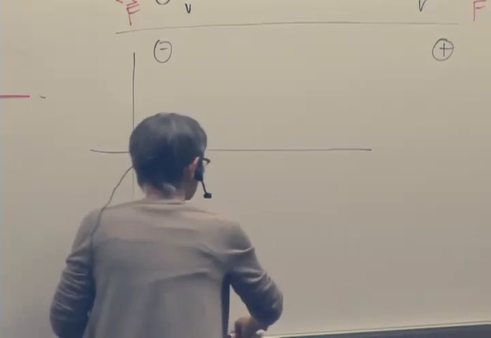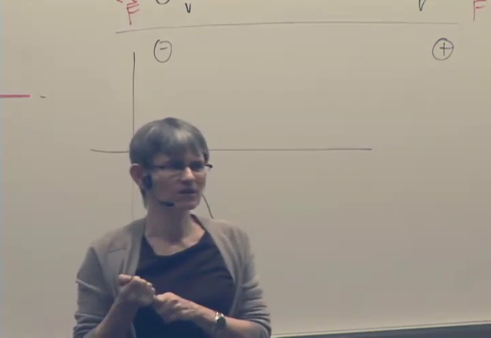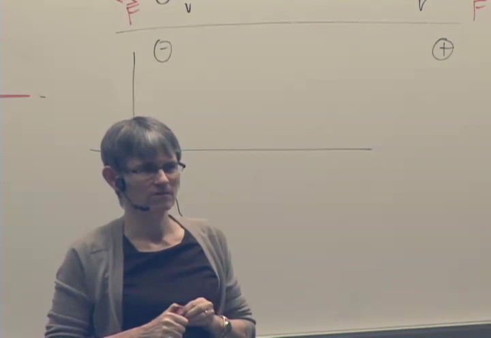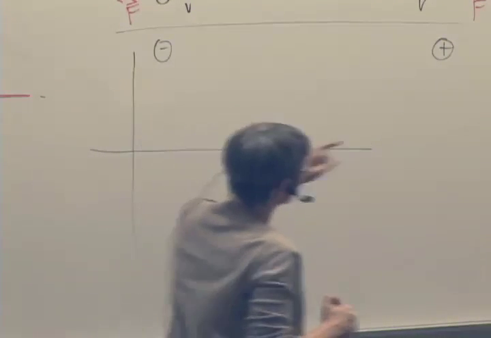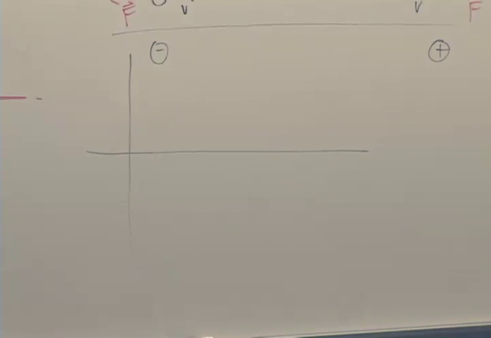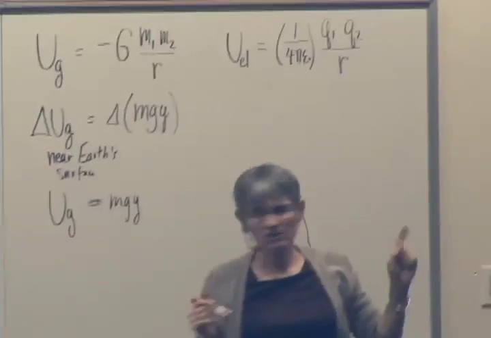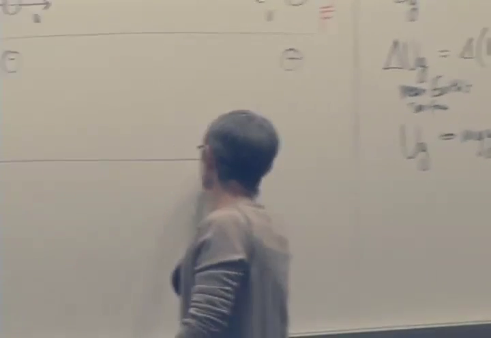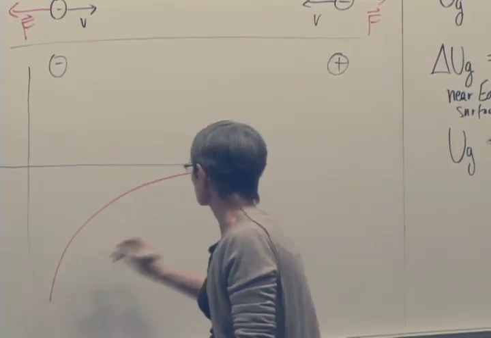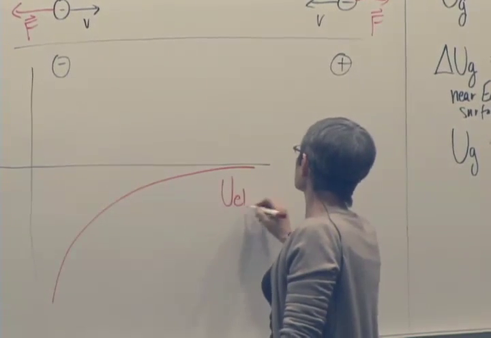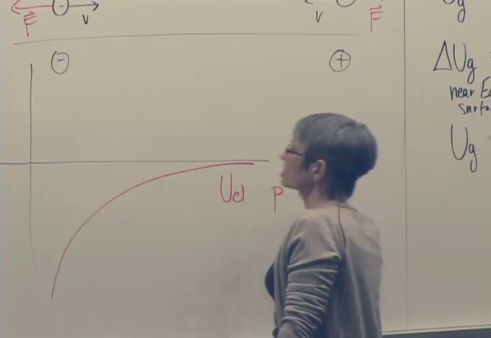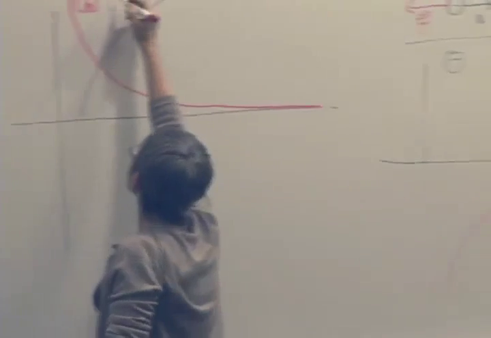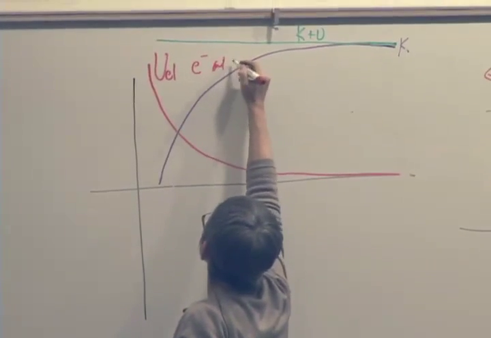So now, what does the potential energy curve look like? So it's negative because one of these is positive and the other is negative, so it's going to be negative. So we have a curve that looks exactly like the gravitational potential. So this is U electric for proton and electron. This is electron and electron.